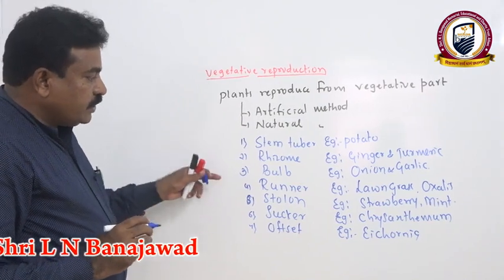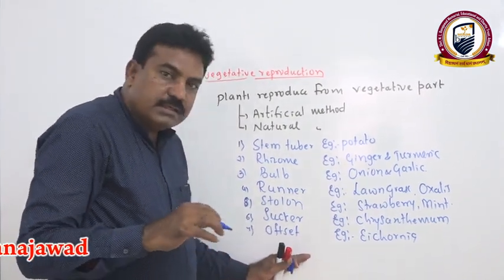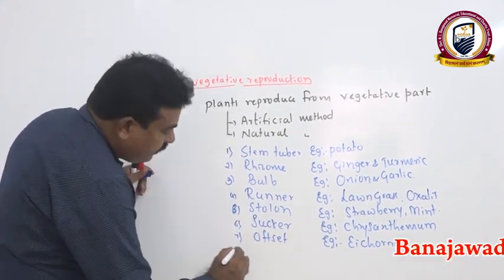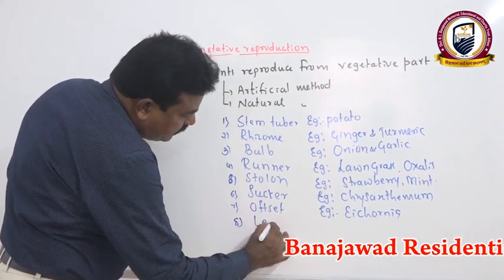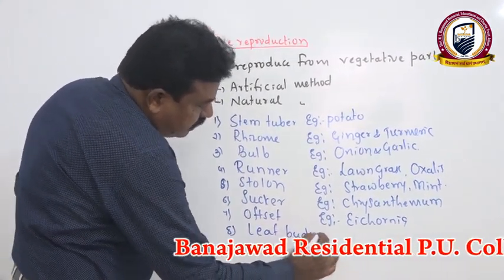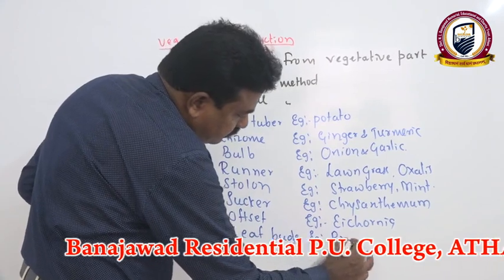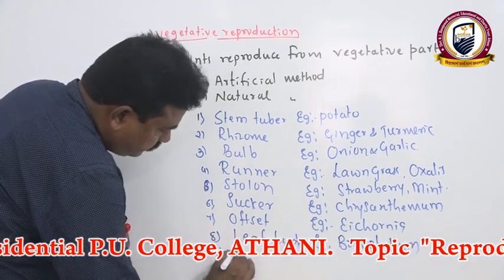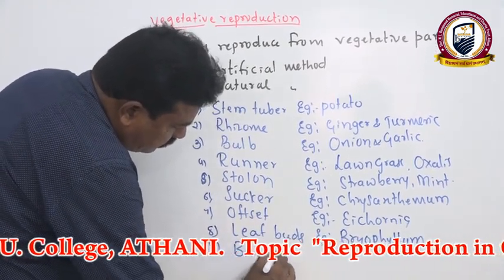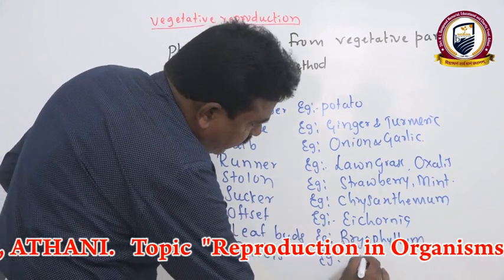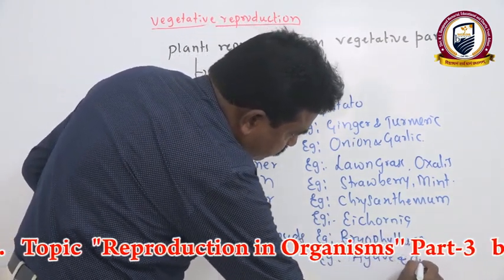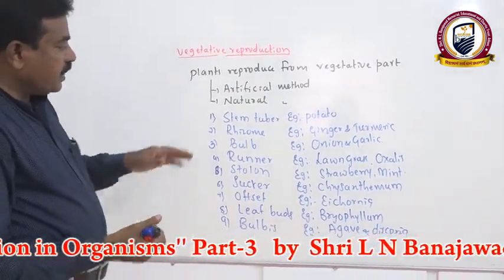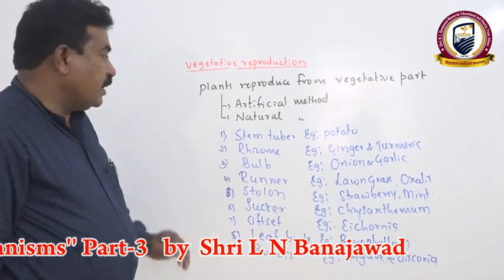Then in addition to that, there are several other vegetative reproductions we see, mainly the leaf buds in Bryophyllum. Then bulbils of Agave and Dioscorea. These are the different vegetative parts of the plant body involved in reproduction.